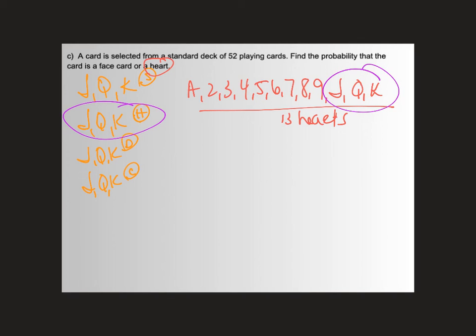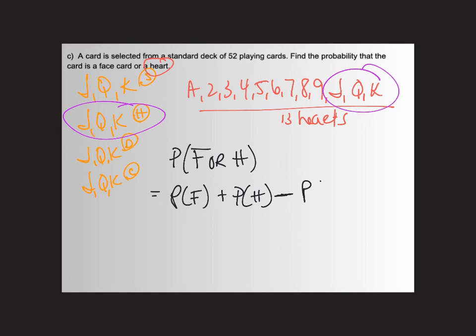So this is not mutually exclusive. I have overlap. So when finding the probability of a face card or a heart, it is the probability of a face card plus the probability of a heart minus those cards that are both face cards and hearts.